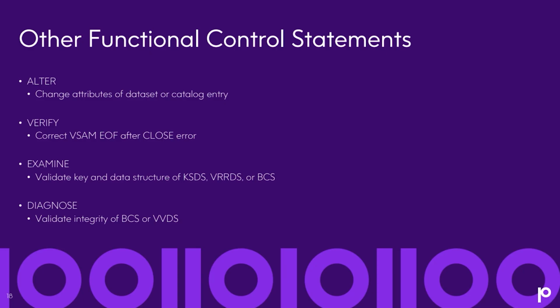And then there are a couple that are typically run to validate that things are kosher within the catalog itself. The examine command will look at an individual key sequence data set or individual catalog and make sure the key component matches the data component. And then diagnose is really used to make sure that the VSAM volume data sets match the BCSs, match the catalogs.